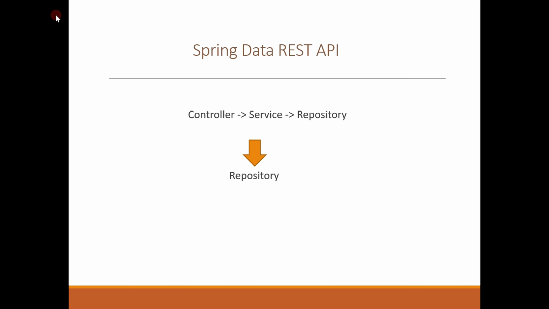Basically, in a typical Spring Boot application, when we are performing CRUD operations to store employee, customer, or user data, we will be defining controller, service, and repository layers to expose the REST APIs. Instead, what Spring Data REST provides is that with the help of a few Spring Data annotations, we can directly expose the REST APIs from the repository layer itself.